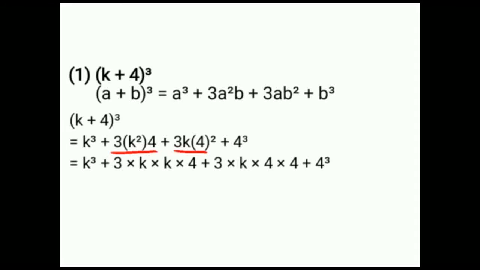Now the final step is to solve all. Here the cube of the variable remains the same, and then multiply this. 3 4s are 12, 12 into k, 12 k square will become, plus 3 into k into 4 into 4. 3 4s are 12, 12 4s are 48, 48 into k is 48k, plus 4 cube. 4 cube you have to multiply 3 times 4. 4 4s are 16, 16 4s are 64.